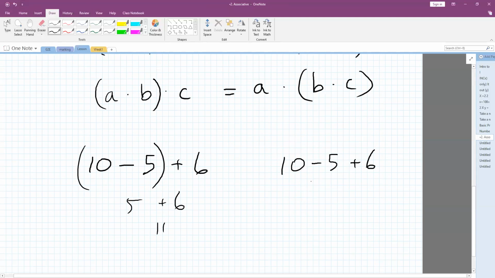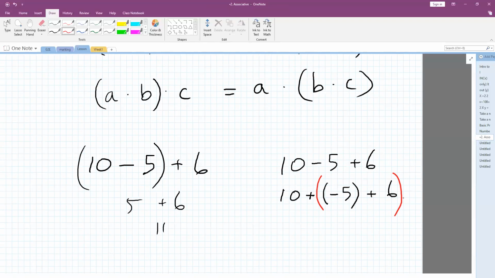It's like you have 10 plus minus 5. 10 plus minus 5, and then plus 6. So you will do minus 5 plus 6 first.